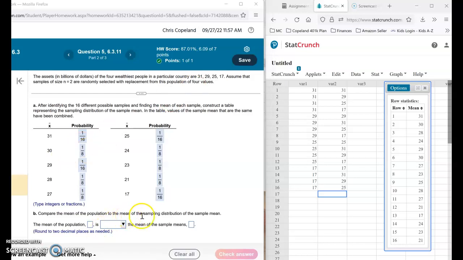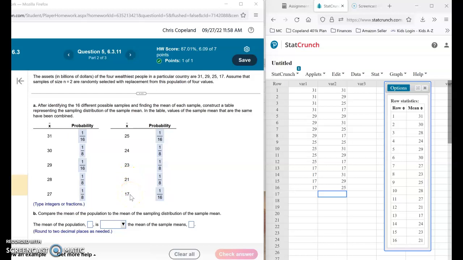Now we need the mean of the sampling distribution of the sample mean. So for the sample means, we add these up: 31, 30, 29, 28, 27, 25, 24, 23, 21, and 17.